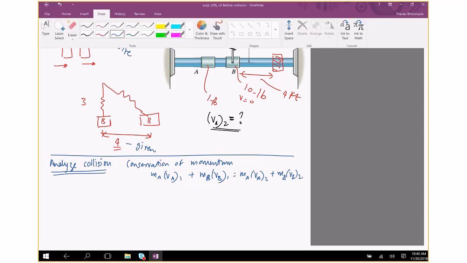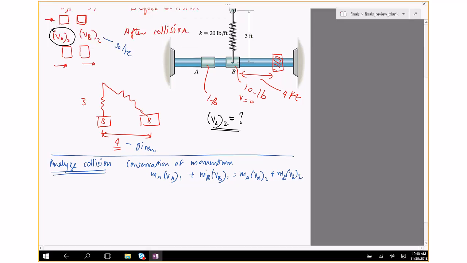In this equation, what we do know is the velocity of B is 0 because B is at rest. VA2 is unknown, VB2 is unknown, VA1 is given.